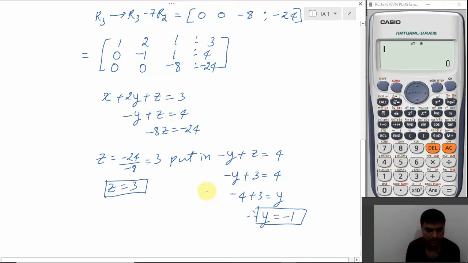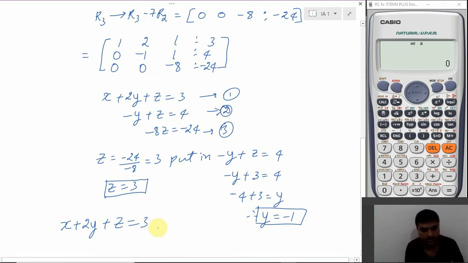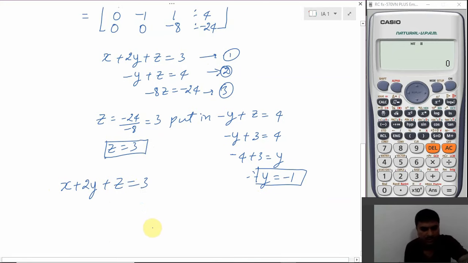Okay, now put z and y in the equation. I will take this as 1, 2, and this is 3. So I will take the equation x plus 2y plus z is equal to 3. I have to put z is equal to 3 and y is equal to -1.